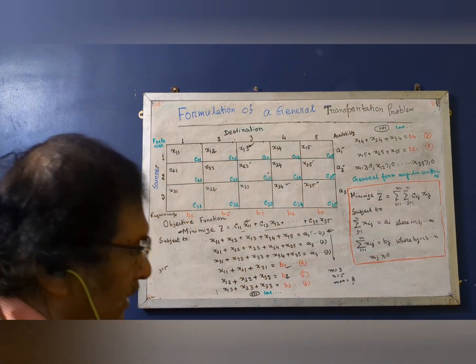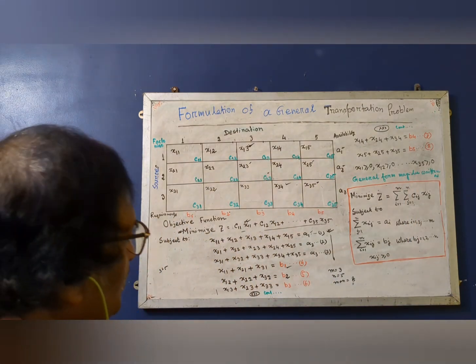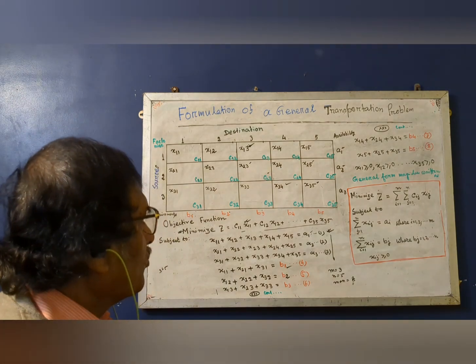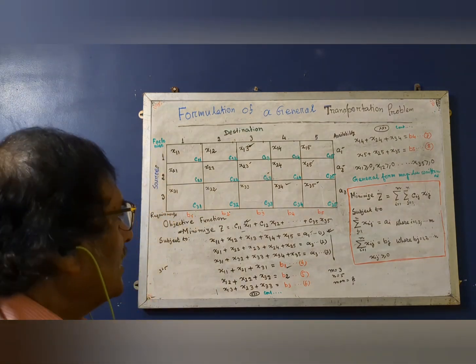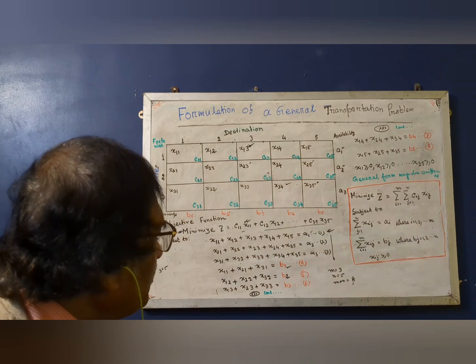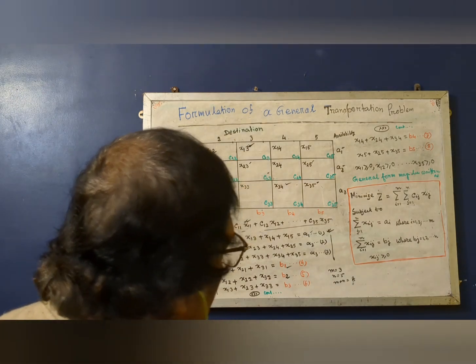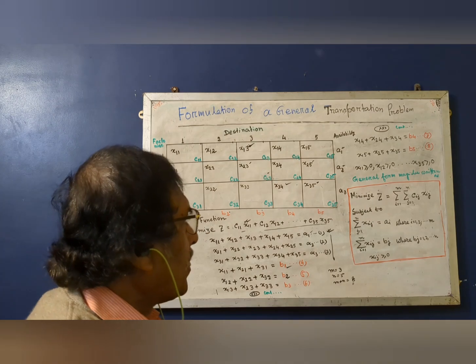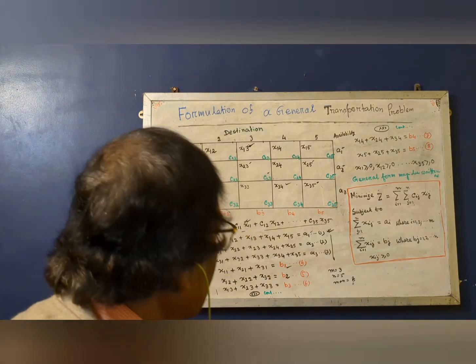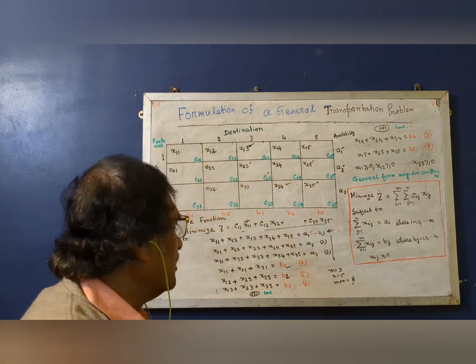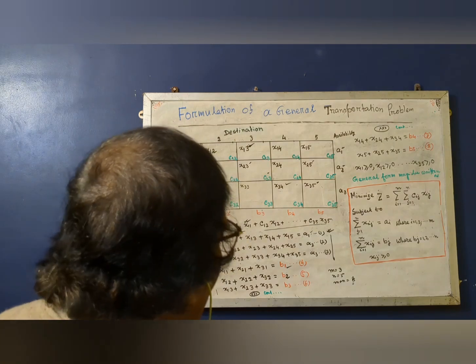As this is a linear programming problem, one question may appear in your mind: this should be solved by the simplex method. Then why are we solving it by the basic feasible solution and then optimizing by MODI? Why is the simplex technique not used here to solve a transportation problem?